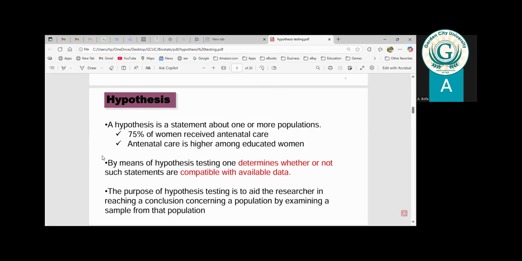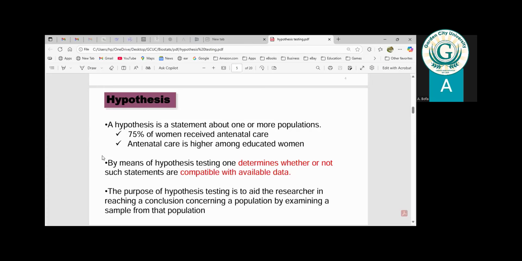So he's making that claim. What you need to do is go and assess if that claim that this person is making is true or false. You need to go and check if that claim is true or false.